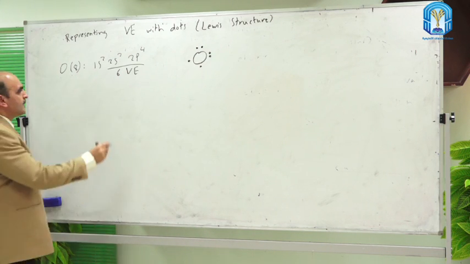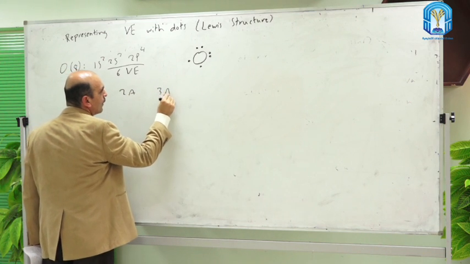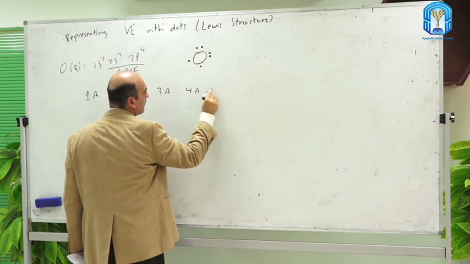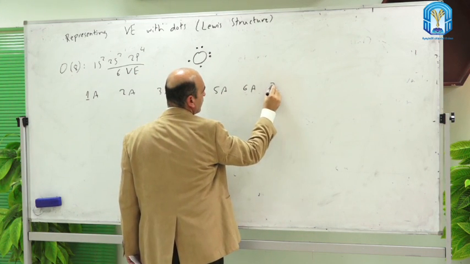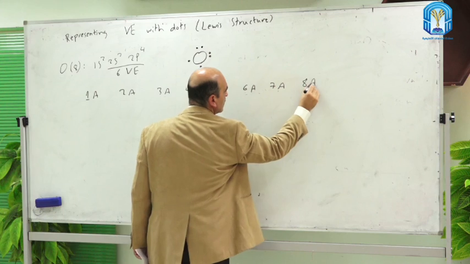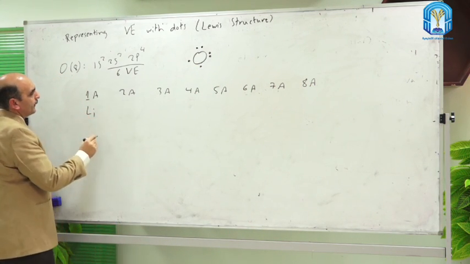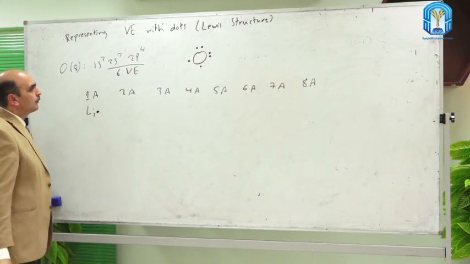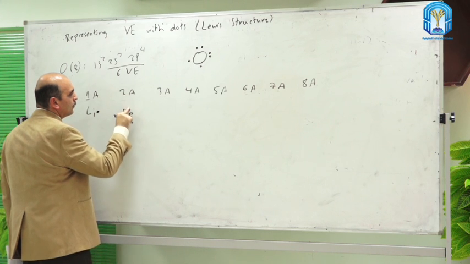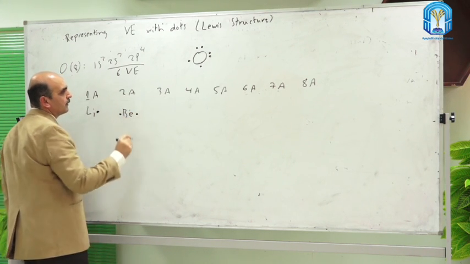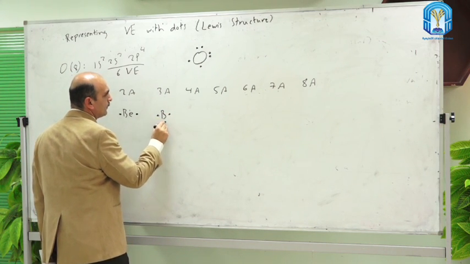So if I want to take more examples, in the groups 1A, 2A, 3A, until 8A. We take lithium from group 1A, it has 1 valence electron. 2A, beryllium, it has 2 valence electrons. Boron from 3A, it has 3 valence electrons.